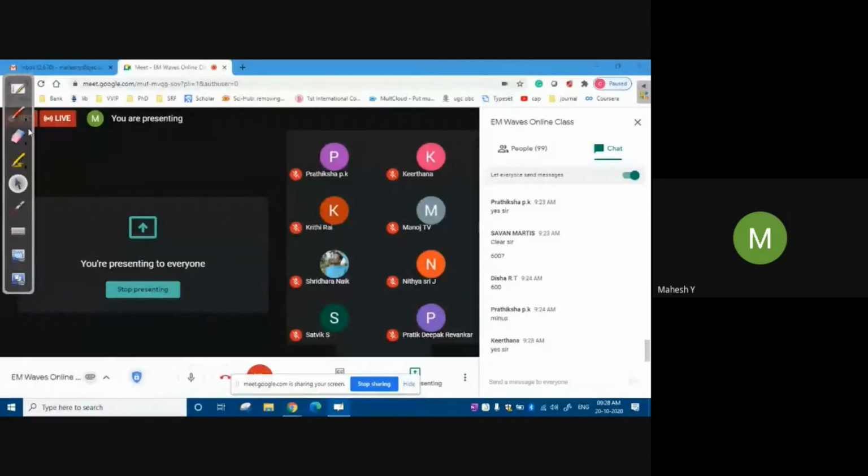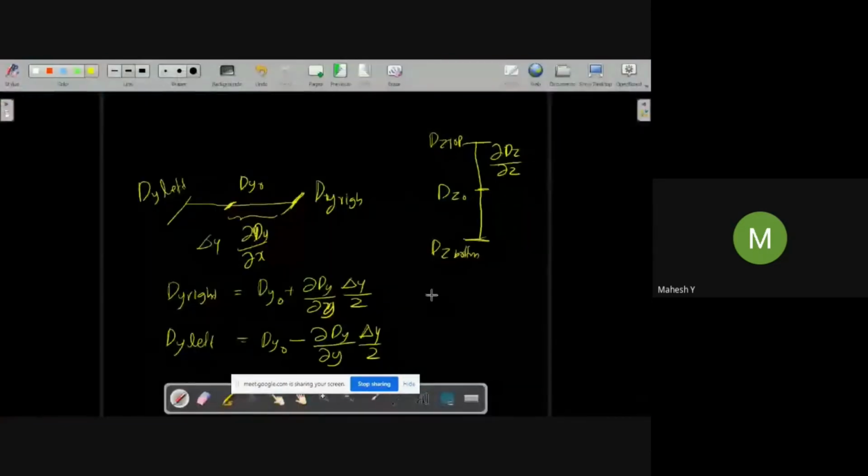Okay, can anybody unmute and tell me what is the value of dz top and dz bottom? dz0 plus dou dz by dou z into delta z by 2.